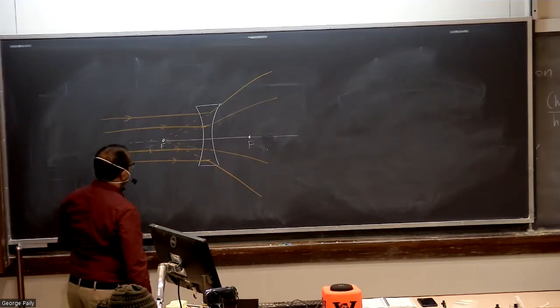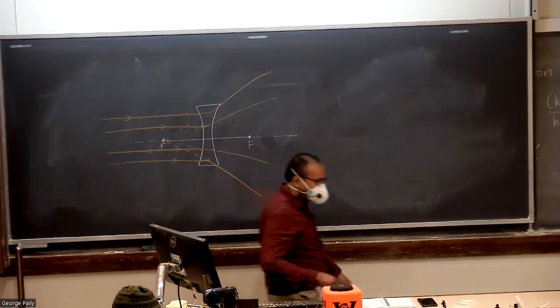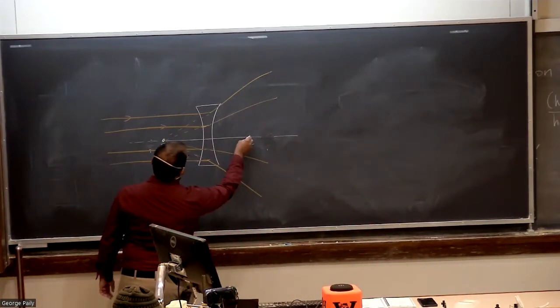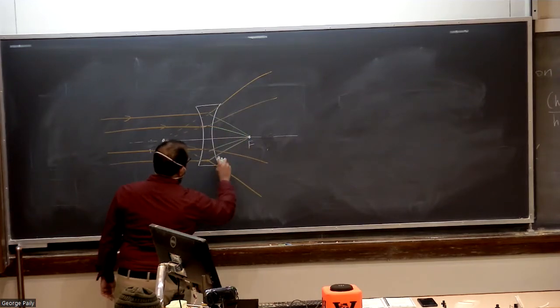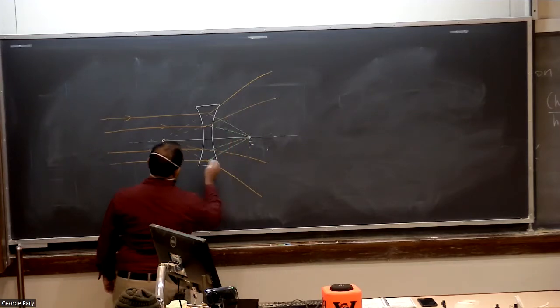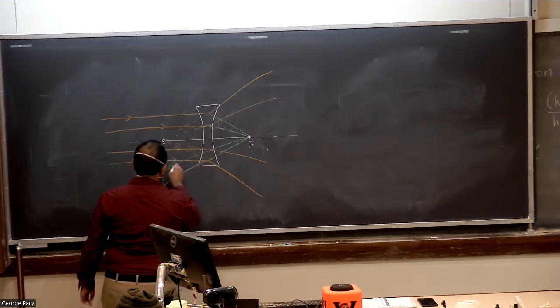The other thing is, the other one is if you aim for the other focal point. Right, so you're aiming for this. So you send in light rays along those lines.